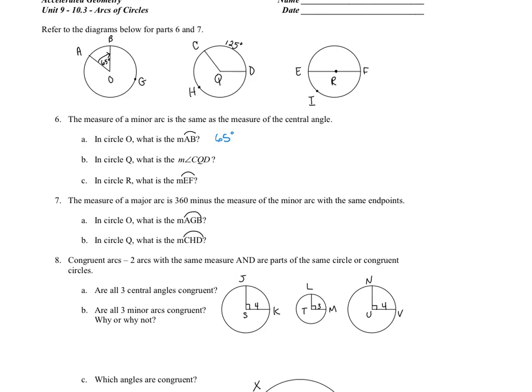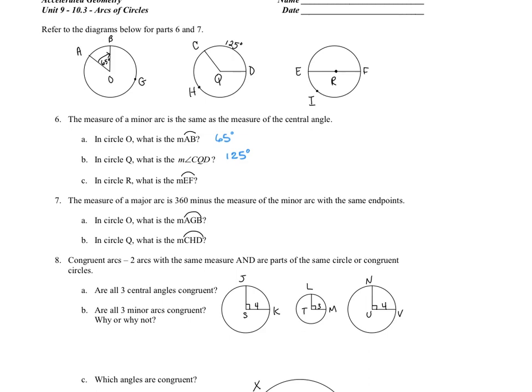In circle Q, what is the measure of angle CQD? Well, angle CQD contains the arc CD, and the measure of arc CD is 125 degrees. So the measure of angle CQD is also 125 degrees.